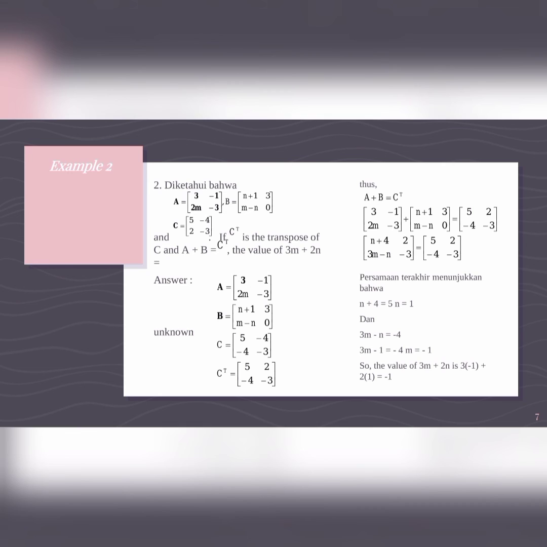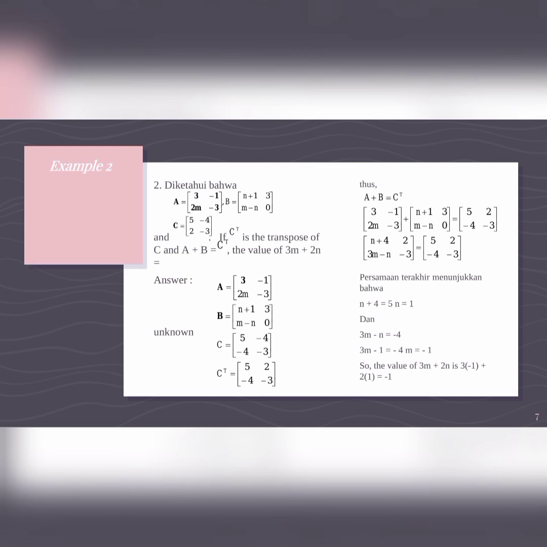So the value of 3M plus 2N is 3 times minus 1 plus 2 times 1 equals minus 1.